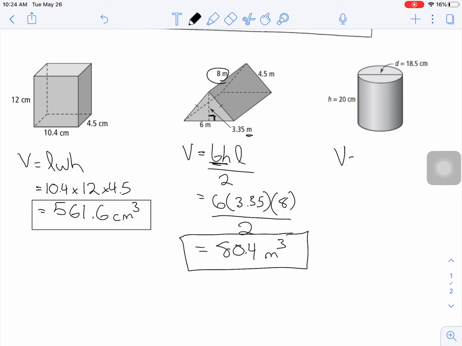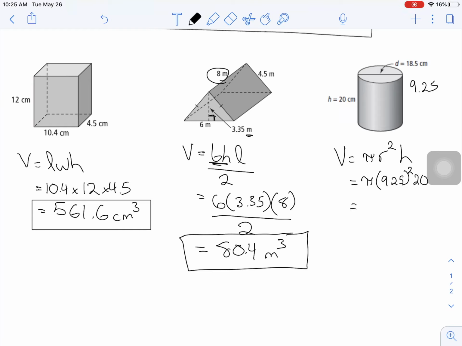And lastly, volume equals pi r squared times h, which is pi times the radius, which we determined in our last video, is 9.25, squared, times the height, which is 20.